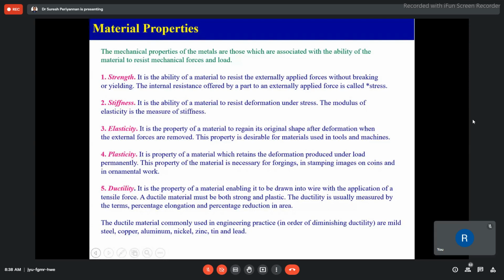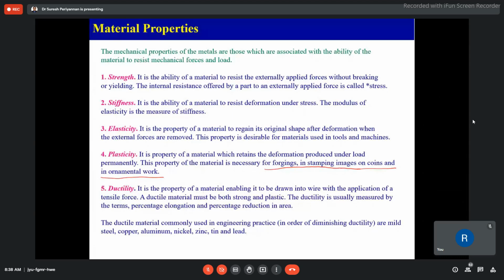We consider this behavior in operations like forging, stamping, and ornamental works, because our requirement is to modify the shape and geometry of the component.